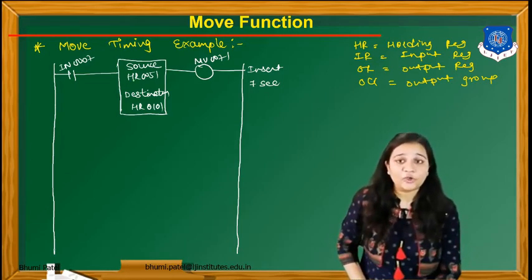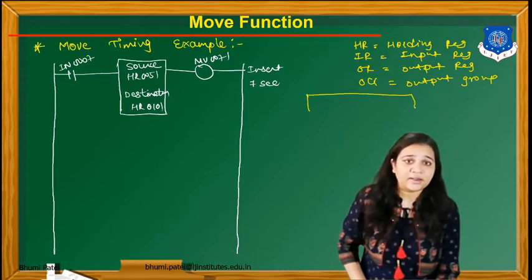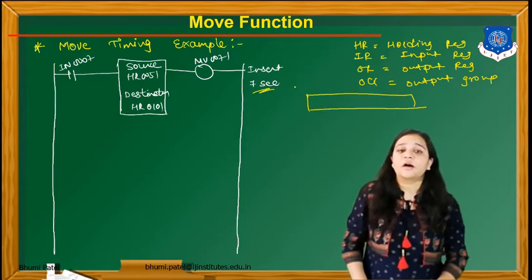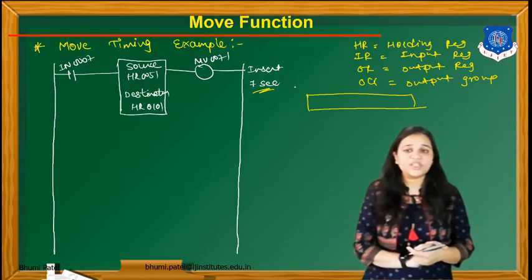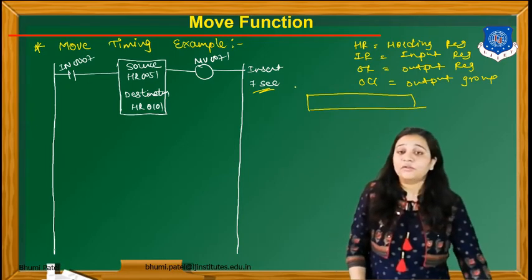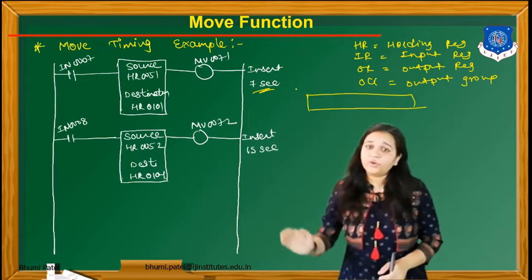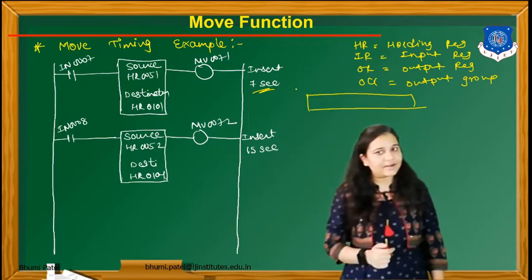So the value of HR0051 in this bit address becomes 7 seconds. So you have to choose the address of the source such that it satisfies your timing.